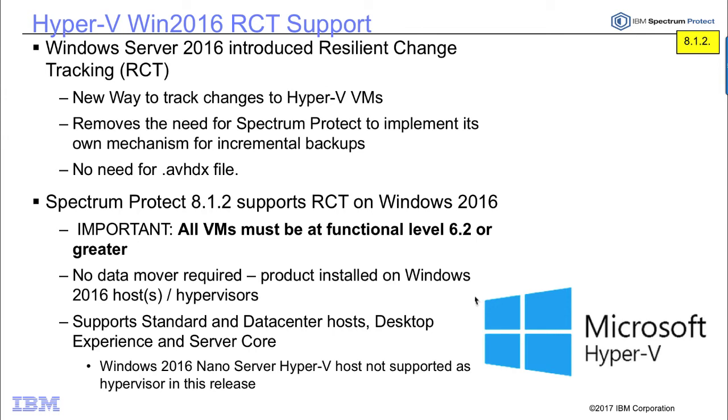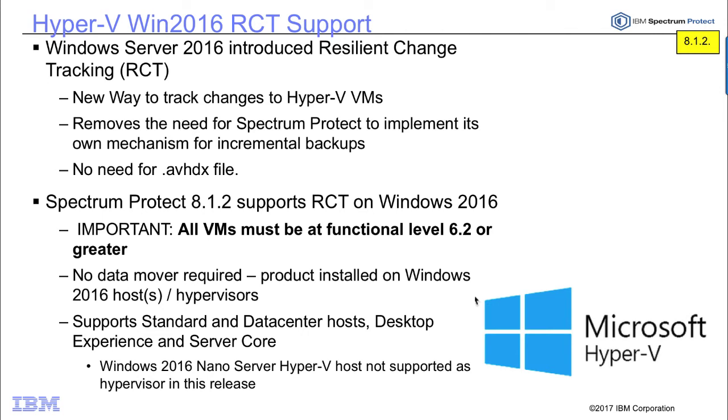Now, when you're using RCT in Windows 2016, in prior versions you needed this AVHDX file, which was persistent and recorded the changes in order to do incremental backups. When you're using RCT with data protection for Hyper-V version 8.1.2, you no longer need that AVHDX file.